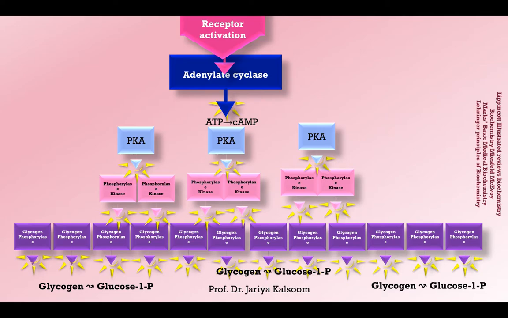Cyclic AMP in turn activates protein kinase A, which activates phosphorylase kinase, which further activates glycogen phosphorylase that catalyzes the cleavage reaction that releases glucose 1-phosphate from free ends of the glycogen polymer. The overall result is availability of quick energy.